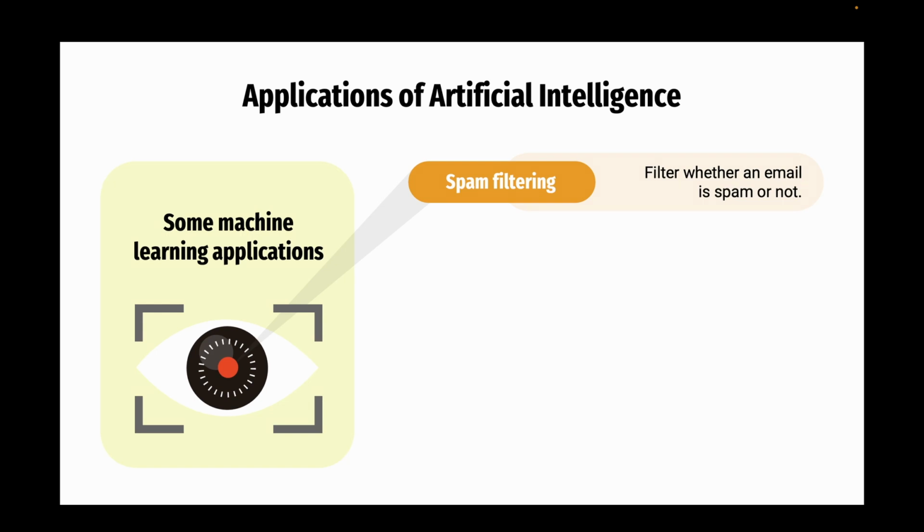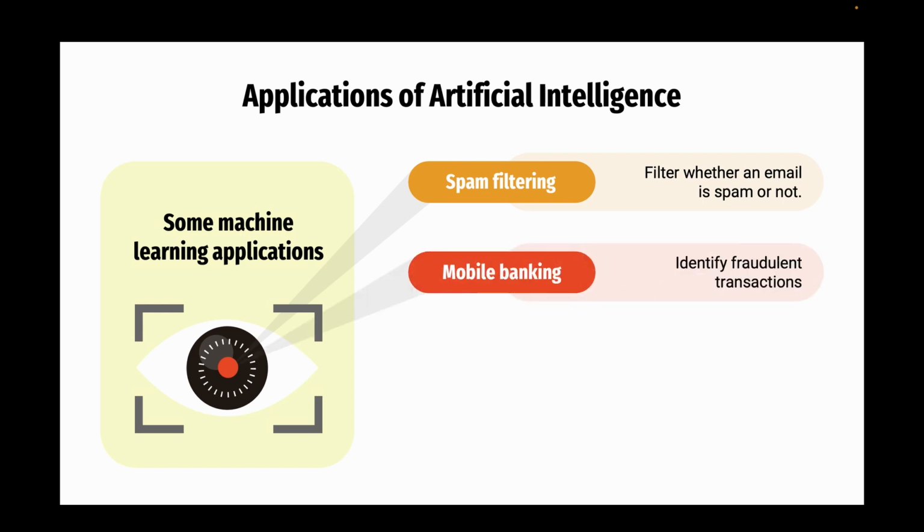Now the second type is mobile banking, where the model is meant to identify fraudulent transactions. So the model is fed a list of transactions that are done, say, on one day, and its job is to identify whether each transaction is fraudulent or not. And this is again an example of a binary classification problem.